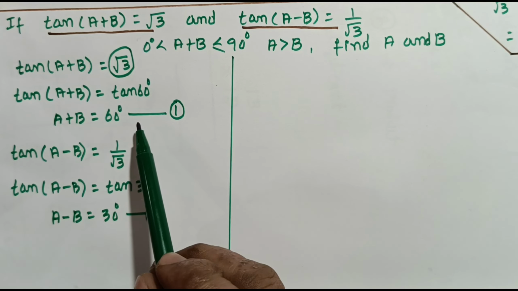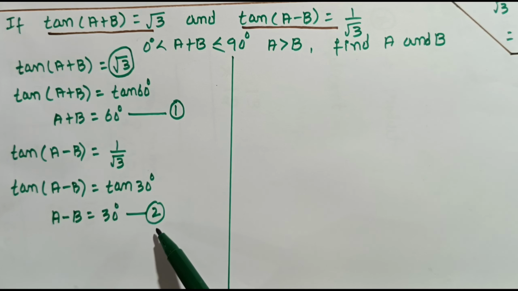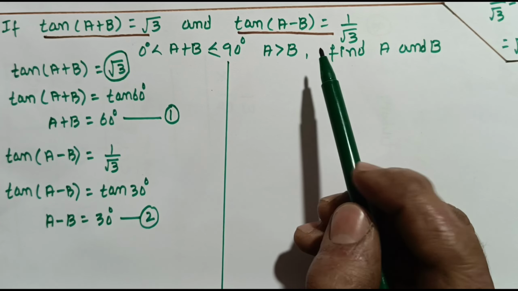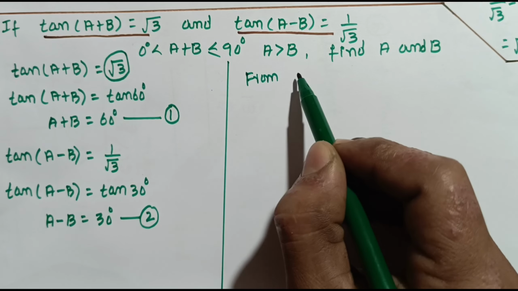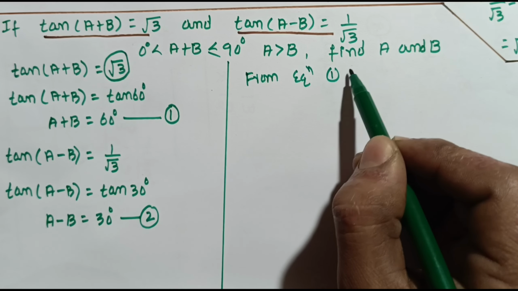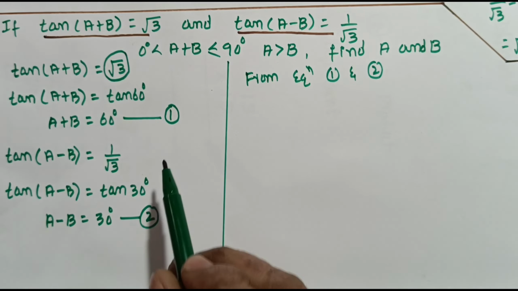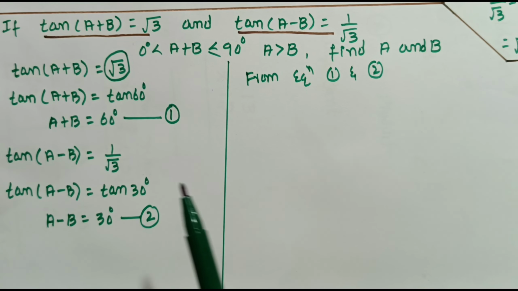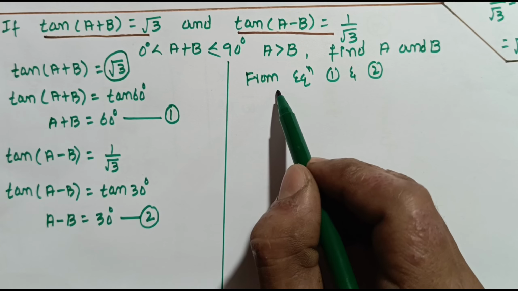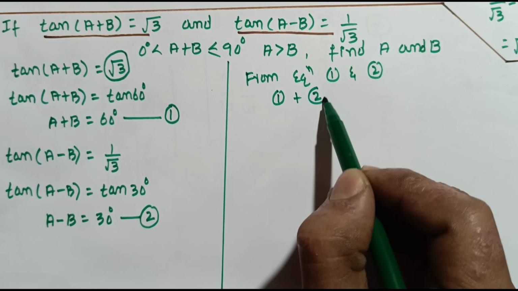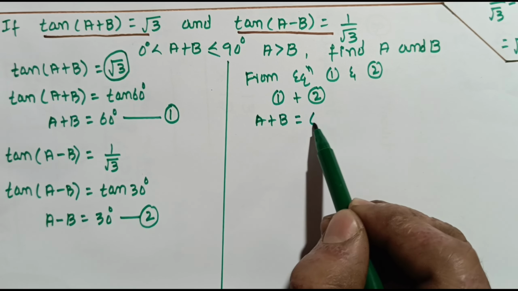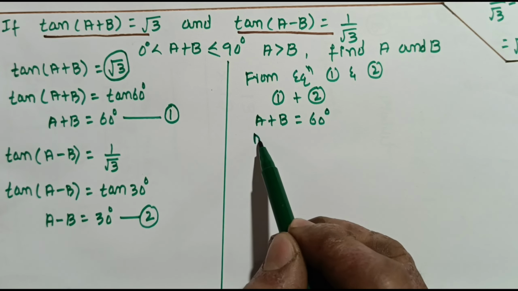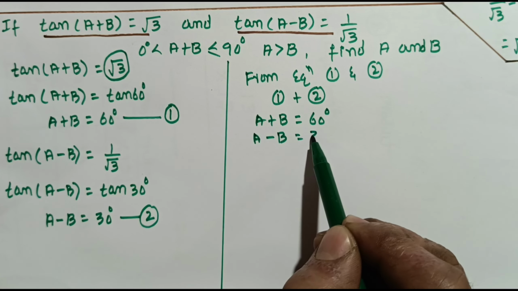In equation 1 as well as equation 2, I need to find out the value of a and b, and a should be greater than b. So from equation 1 and 2, to find out the value of a, I will add equation 1 plus 2. Equation 1 is a + b equals 60 degree, and a - b equals 30 degree.